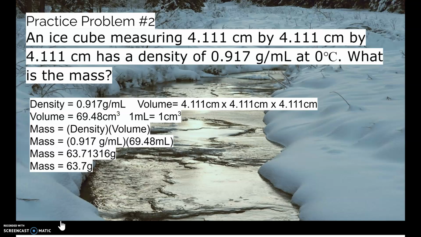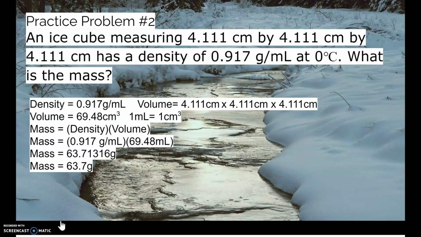The volume can be found by multiplying the length times the width times the height. So we take 4.111 centimeters times 4.111 centimeters times 4.111 centimeters because these are the dimensions of the ice cube. Our volume is then 69.48 centimeters cubed. And if we remember correctly, 1 milliliter is equal to 1 centimeter cubed. Therefore, the volume is 69.48 milliliters.